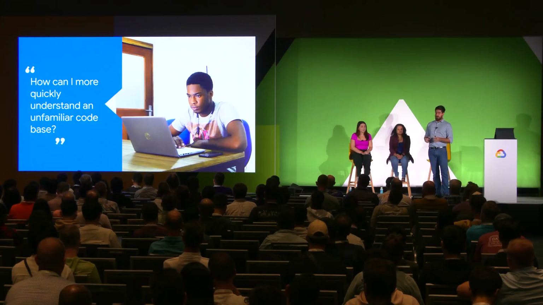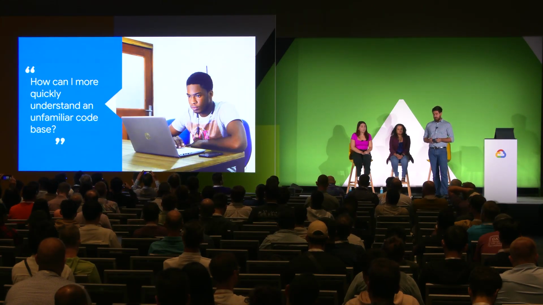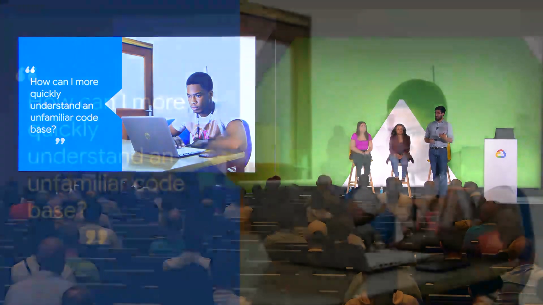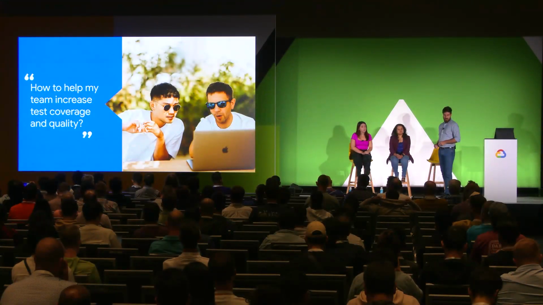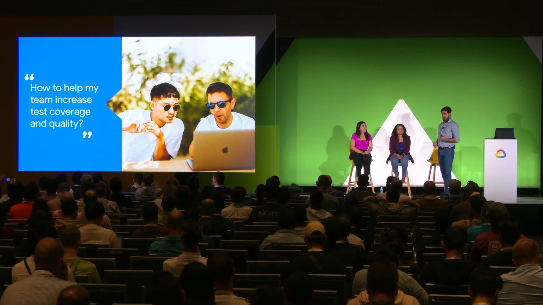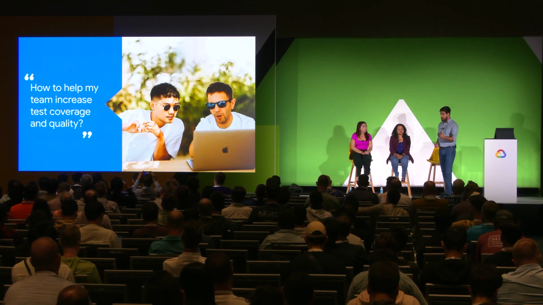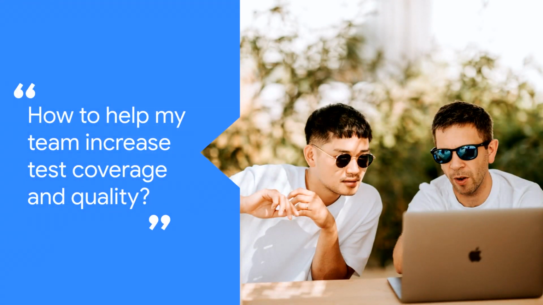Second one: we talk about writing code, but developers spend the same, if not even more time reading, reviewing, and understanding code. How can I help get more up to speed more quickly on an unfamiliar code base? Or beyond reading, how can I help my teams improve their test coverage without affecting my velocity? Essentially having proper test coverage and proper regression testing and a more robust testing setup for my application.